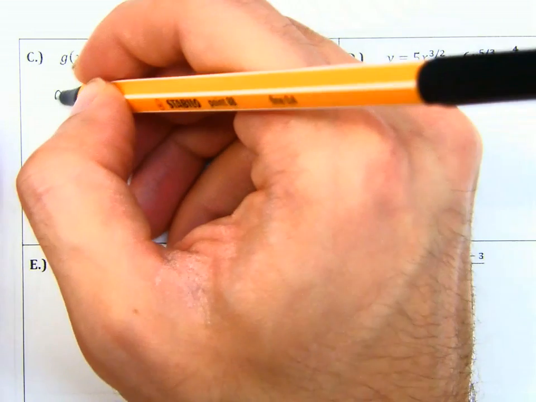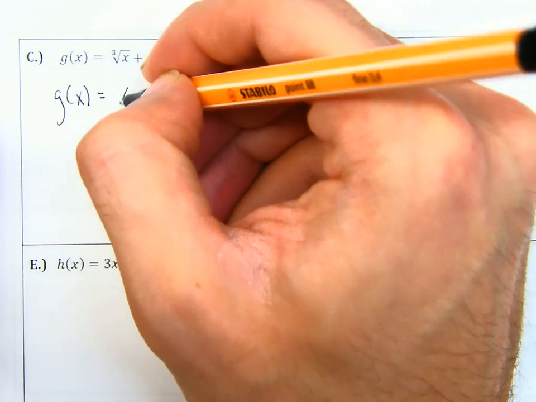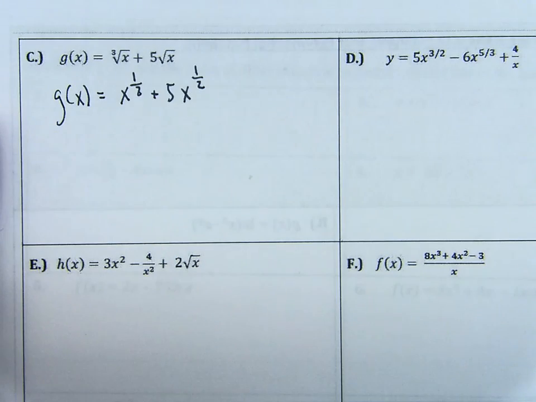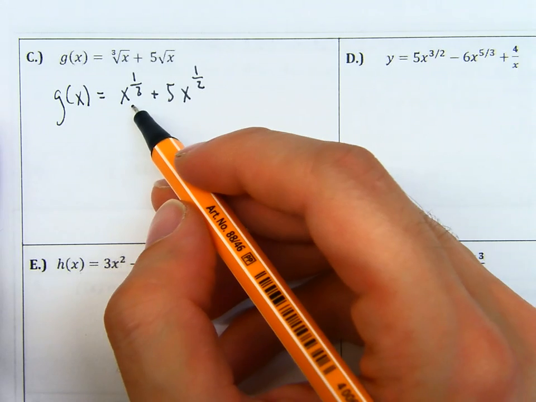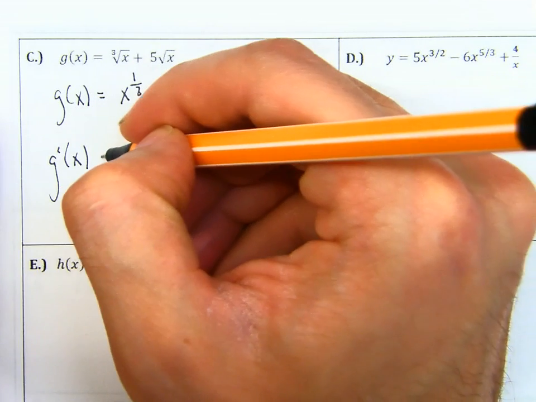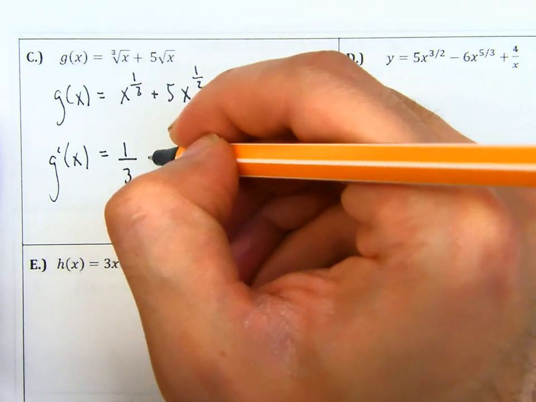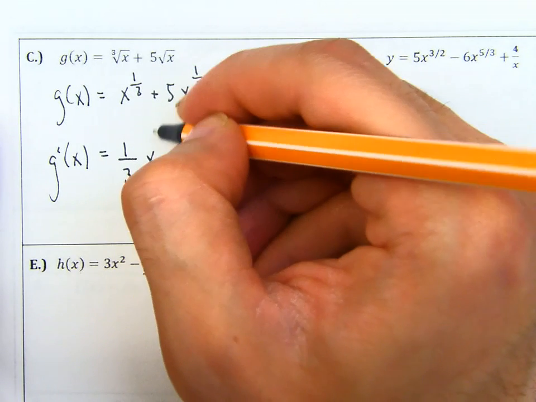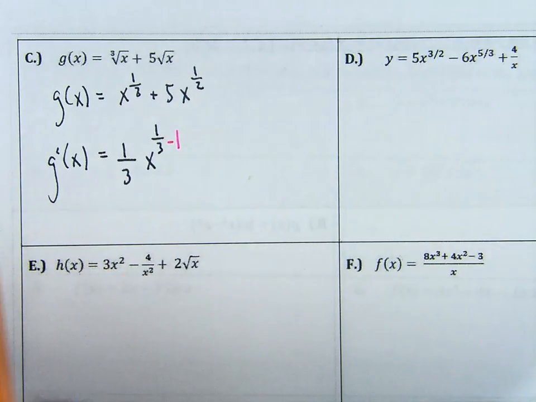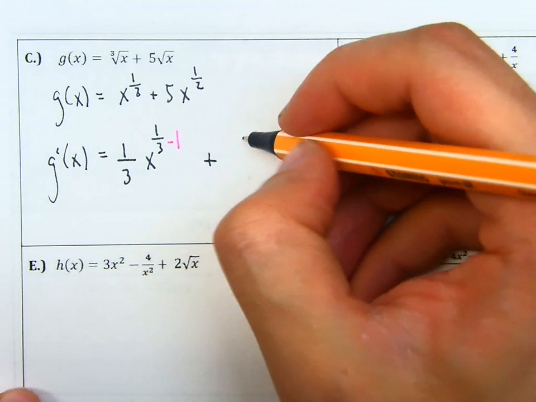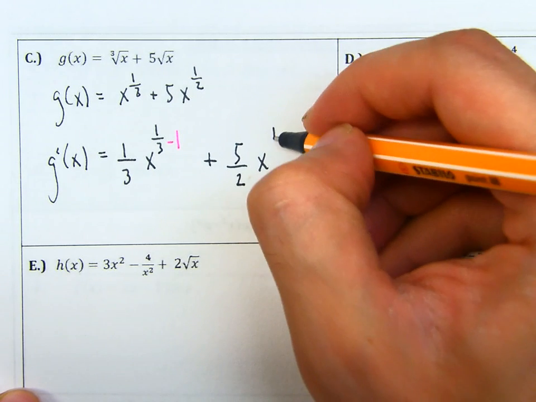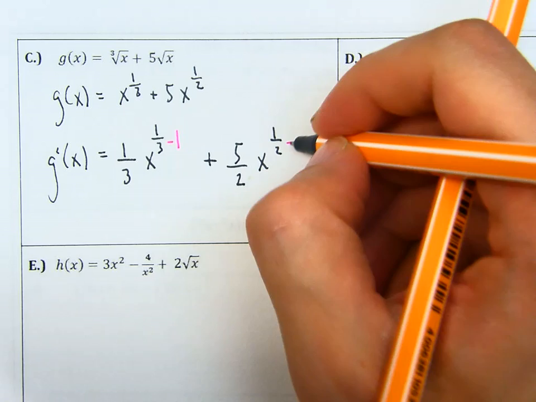So notice that g of x is also equal to x to the 1/3 plus 5 times x to the 1/2. Well, what's the derivative of this? This just becomes g prime of x is equal to 1/3 times x to the 1/3, and now we need to do a minus 1, plus 5 times 1/2, which is 5 over 2, x to the 1/2, and we also have to do a minus 1 over here.